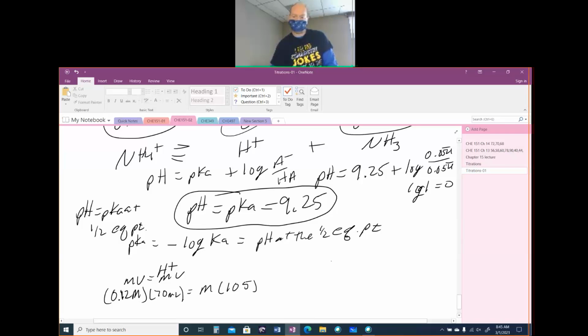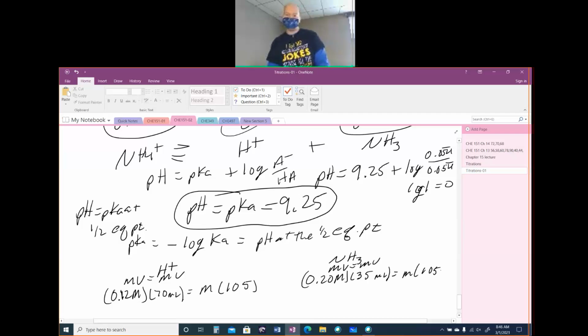I got that because the NH3 is 0.2 molar, and we're doing MV is equal to MV over here as well. We started with 35 mL in our Erlenmeyer flask, and we want the concentration now that 70 plus 35 mL is 105 mL. When you get a titration problem, you're going to do MV is equal to MV a lot of times.